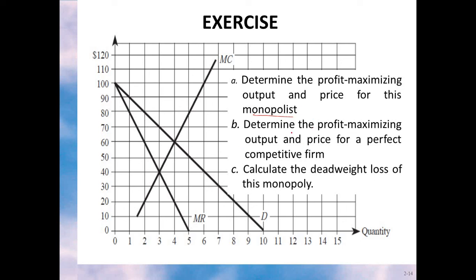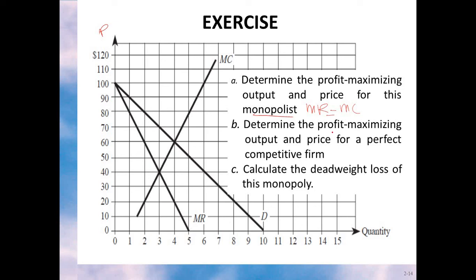So you can look at the profit maximizing output for monopoly. What is the rule? MR equal to MC. So you find here where MR equals MC, find the price, and find the quantity.